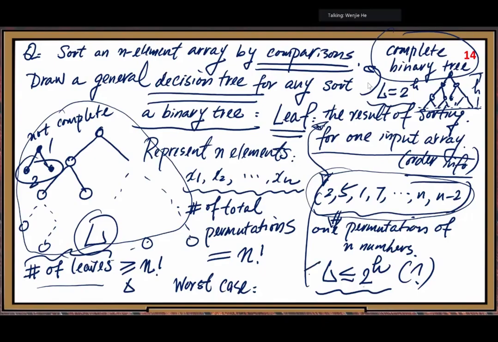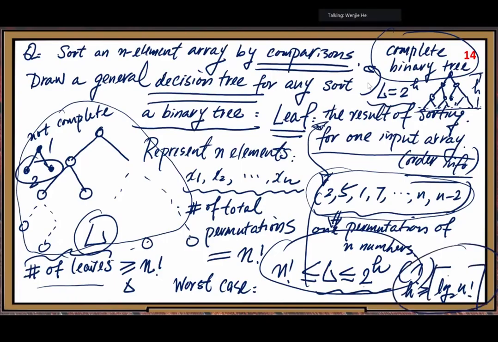Then, capital L greater or equal to n factorial. Then you solve this formula: h greater or equal to log base 2 of n factorial. h is an integer, so we can put a ceiling function on it. So we derive little h greater or equal to the ceiling of log base 2 of n factorial.